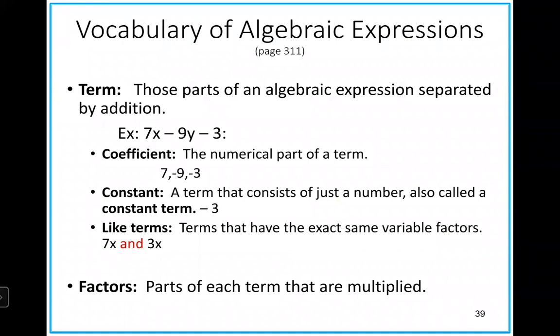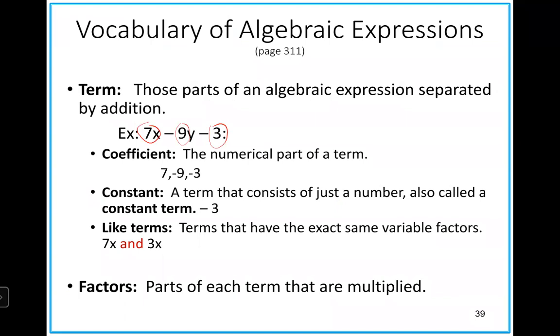this section here, which is on page 311. So we mentioned already that in algebra, each item that is separated by a minus or plus is called a term. So in this example, we have 3 terms.